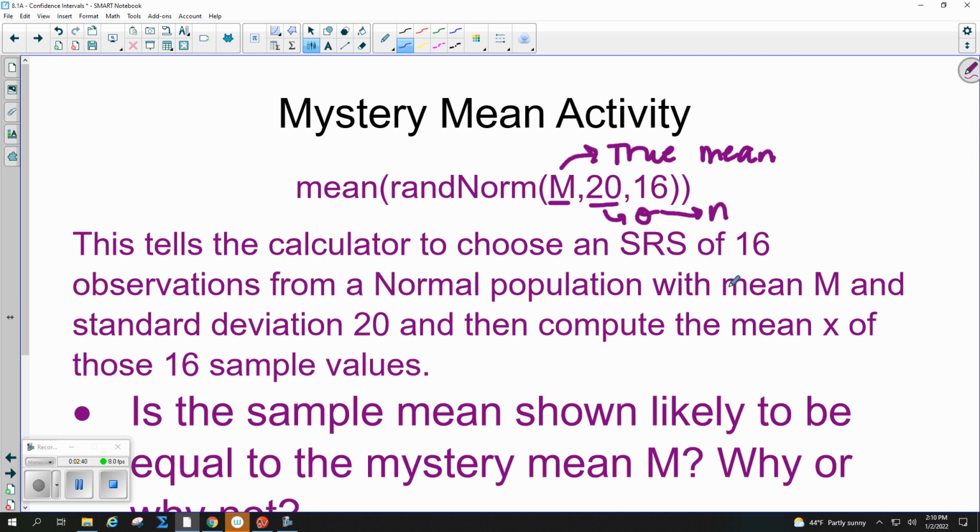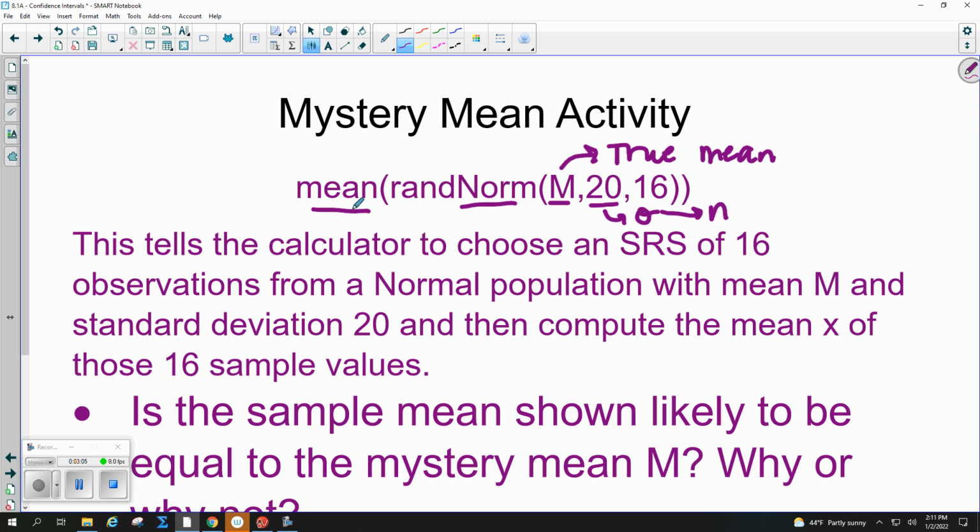So what this calculator is doing is taking 16 numbers from a population that is normally distributed, where it knows the mean is some number and the standard deviation is 20. It's going to average those 16 numbers, so this is the mean after we randomly draw 16 numbers from a normal distribution.